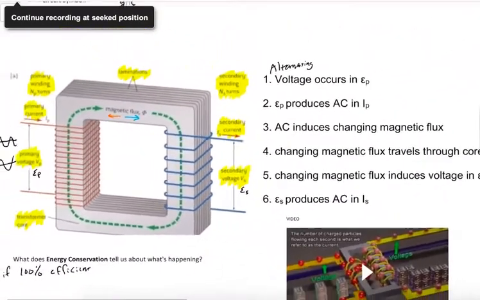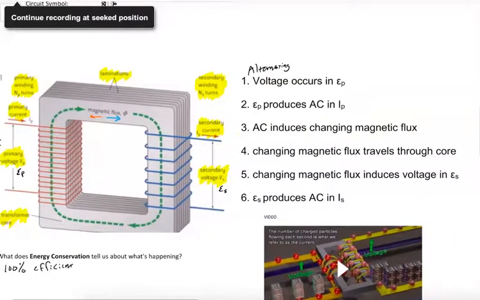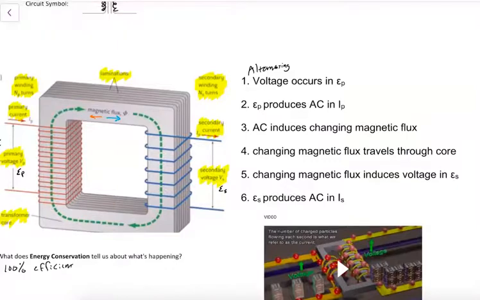Since there's a changing magnetic flux that's traveling through the core, that's going to induce a voltage in the secondary EMF, and it's going to be an alternating voltage as well. And then that secondary alternating voltage is going to produce an alternating current in the secondary wire.